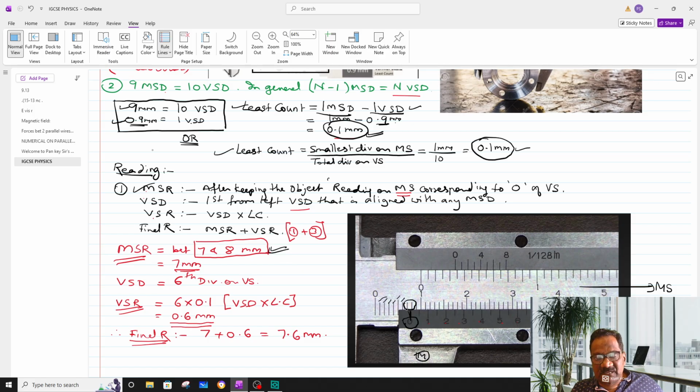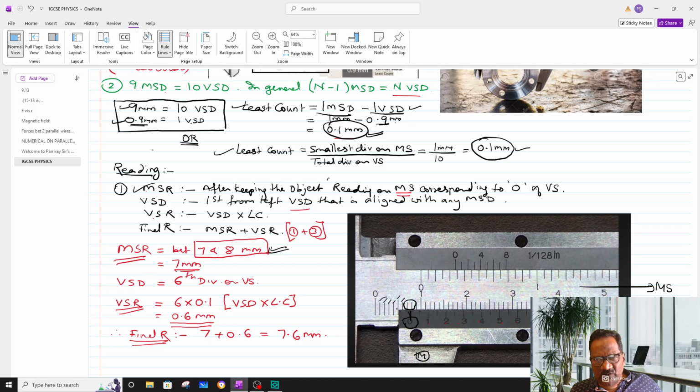If it is in between two readings, you don't have the liberty of taking the lower reading, the upper reading, or any intermediate reading. You cannot do that. If the 0 of the vernier scale is lying exactly on a division, say it was on the 7 millimeter marking, you write 7 millimeter.